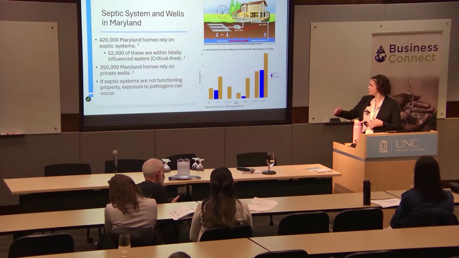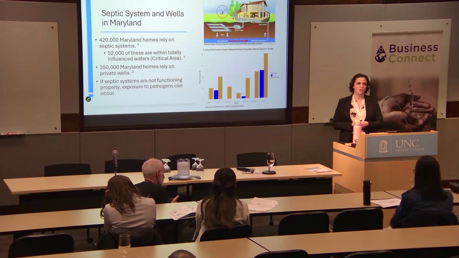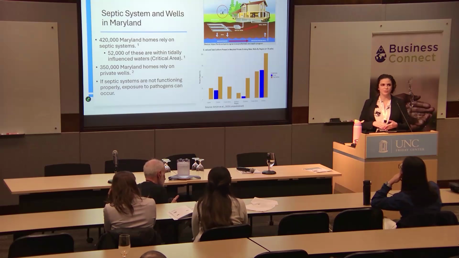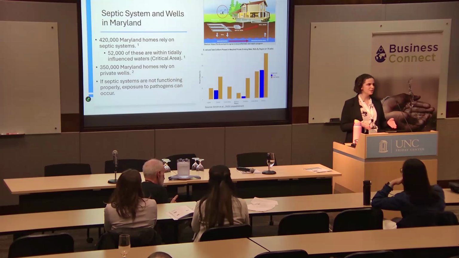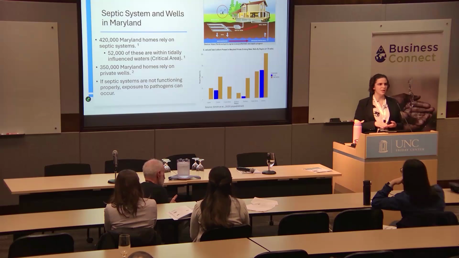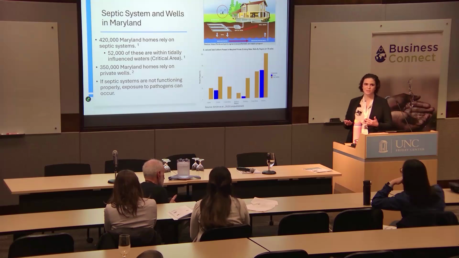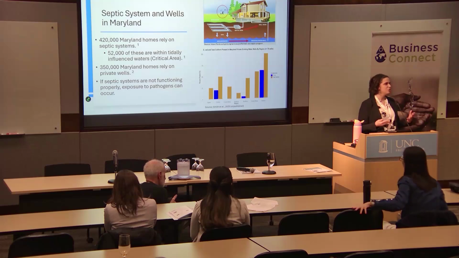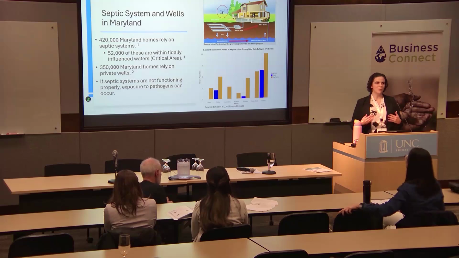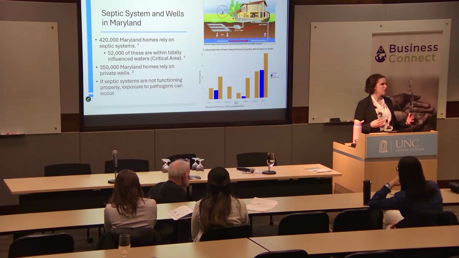Recent work that I did, which I included a graph of here on the PowerPoint, is not yet published, but I found after sampling 79 wells through all 7 regions of Maryland that 43% of the samples were positive for total coliforms and 10% were positive for E. coli. While we don't necessarily know if they were on septic systems, it's showing there's a risk of fecal contamination in the drinking water. And again, there could be different sources of contamination, but we really want to see if septic systems are one of those sources.